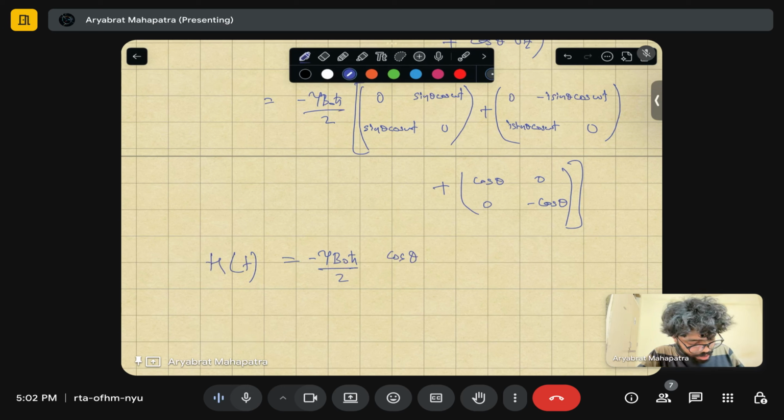If you add this completely, you will find this complete matrix: sin theta (cos omega t minus i sin omega t), then sin theta (cos omega t plus i sin omega t), then minus cos theta.